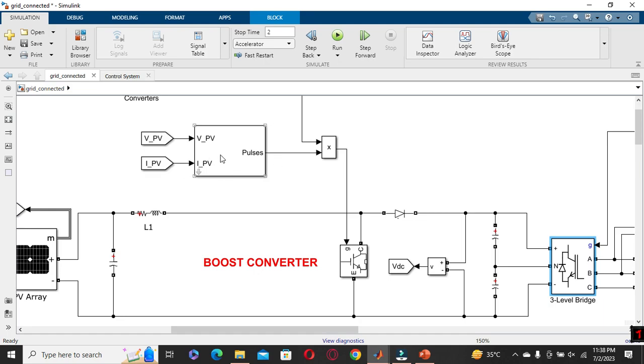It will try to change the duty cycle in such a way that it will keep the voltage level at its desired level. So we will extract the maximum power from the solar panel. So this is the MPPT algorithm. There are various algorithms like neural network algorithm, fuzzy logic algorithm, incremental conductance method algorithm. So you can search about this.